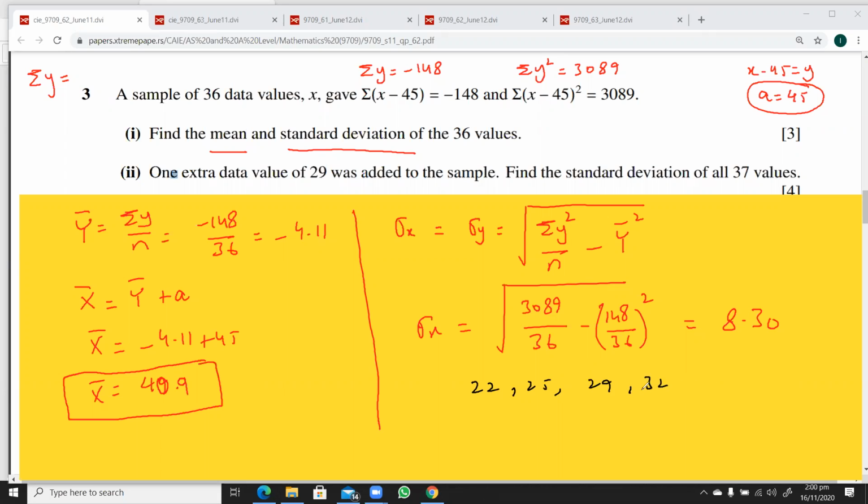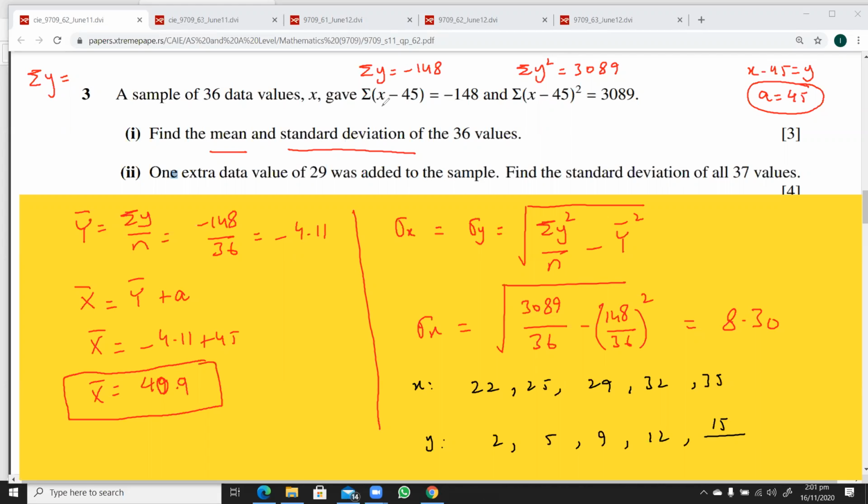You have taken out 20 from all these values. So this is going to be 2. This is your x. This is your y. This is going to be 5. This is going to be 9, and this is going to be 12. Okay. And suppose if there is a new value over here, which is 35, let's say. So what would be the new value over here according to this? Yes, 15. 15 exactly.